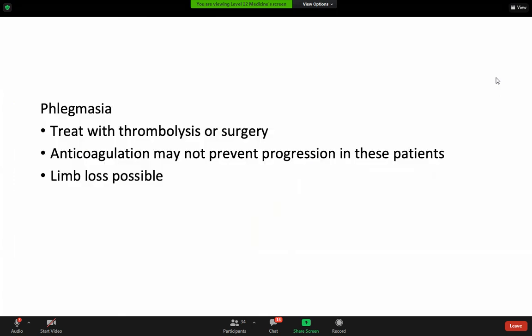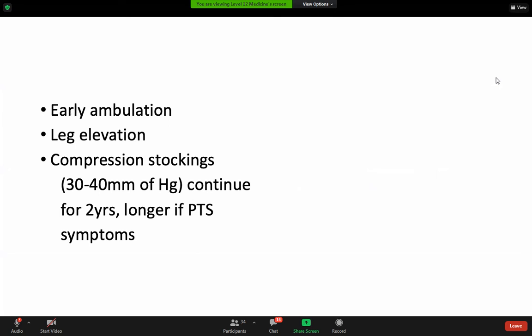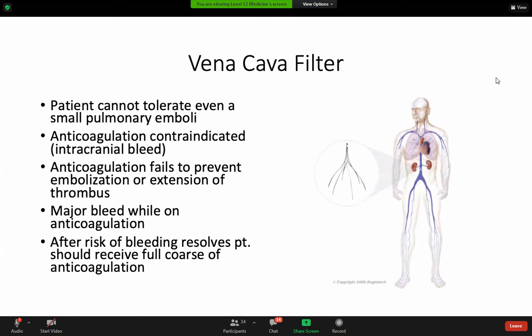In some patients who have refractory DVT, or complication of anticoagulation, or the patient cannot take anticoagulation for any contraindication like bleeding, or the patient has another DVT while on anticoagulation, it's preferred to put an inferior vena cava filter to prevent PE.